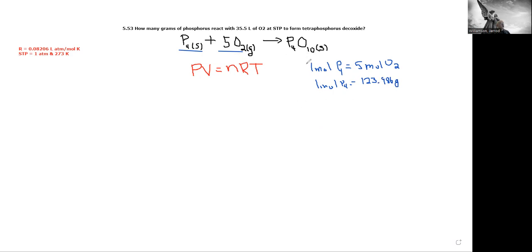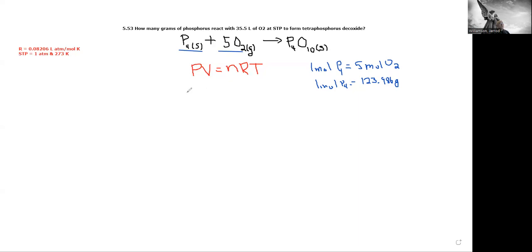So if I figure out the moles of O2 that occupies 35.5 liters, I can then figure out how many moles of P4 it will have to react with. And once I know the moles of P4, I can get the grams of P4.